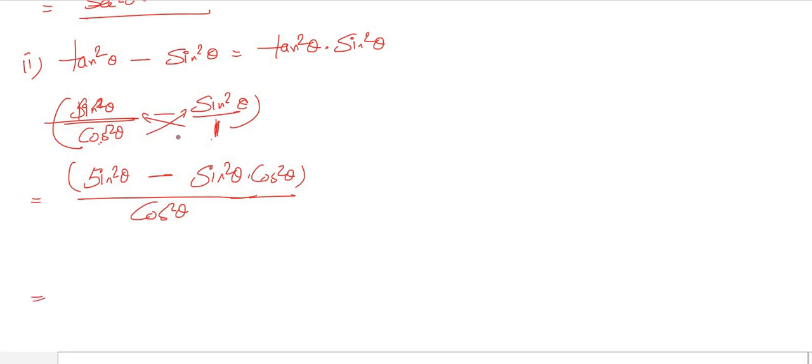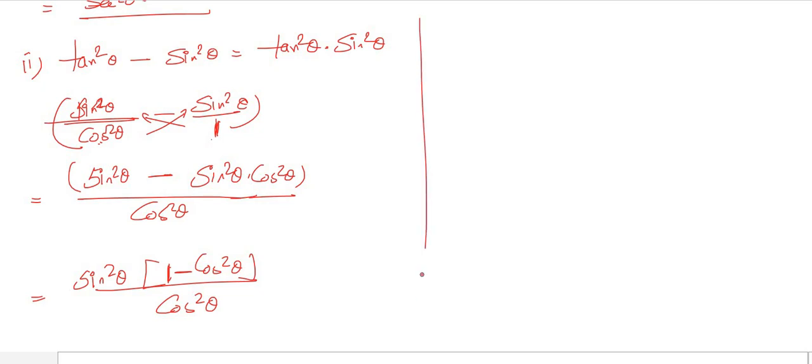What can we take common now? Just keep on simplifying. Sine square theta, it will be 1 minus cos square theta divided by cos square theta. Correct? Now you remember, guys, that sine square theta plus cos square theta is 1, right? We all know that. So can I write sine square theta is 1 minus cos square theta?